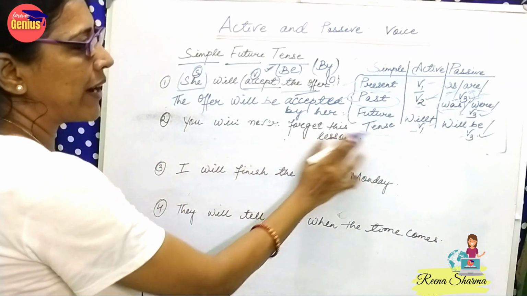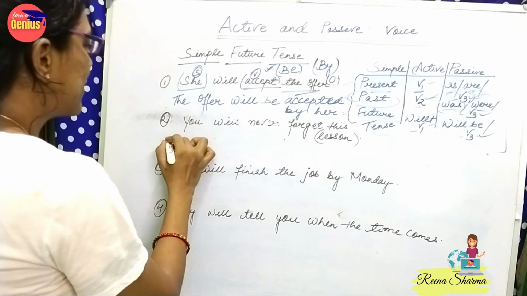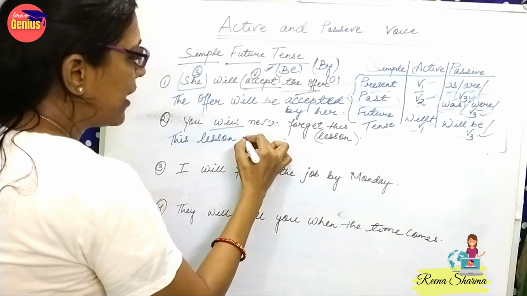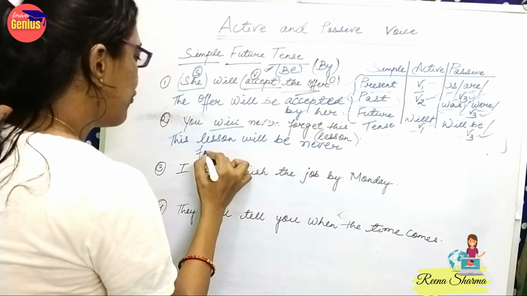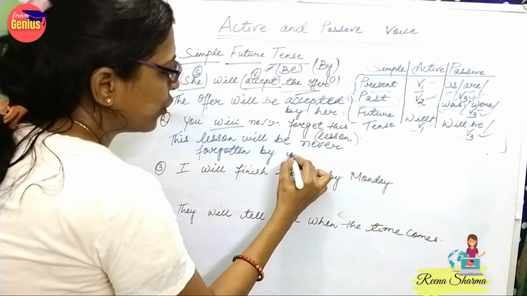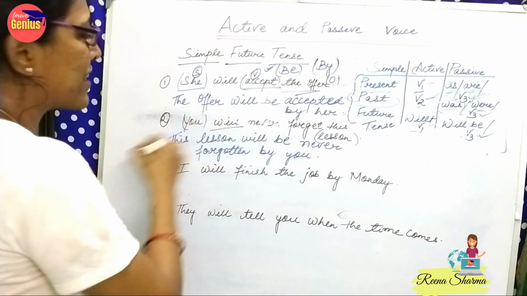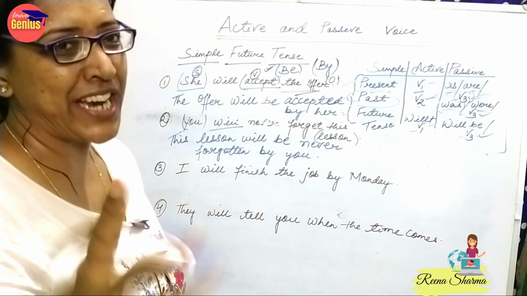You will never forget this lesson. So this lesson is the object. So this lesson will be never forgotten by you. So don't change the form of you, because ma'am you told us to change the form of she and he.